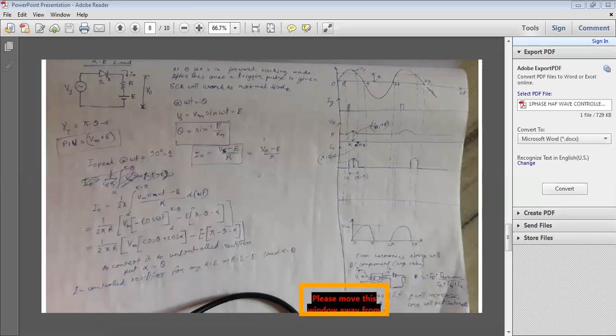For that we have to use a full wave converter. These are all half wave converters. Why half wave converter? Because we are using only a single diode or single thyristor. So it is a half wave rectifier, and for removing the even harmonics we will have to use a full wave converter.